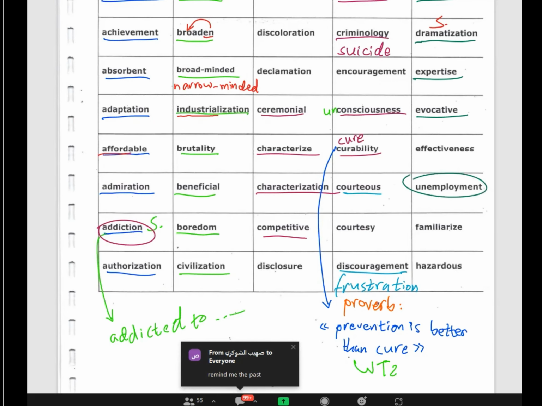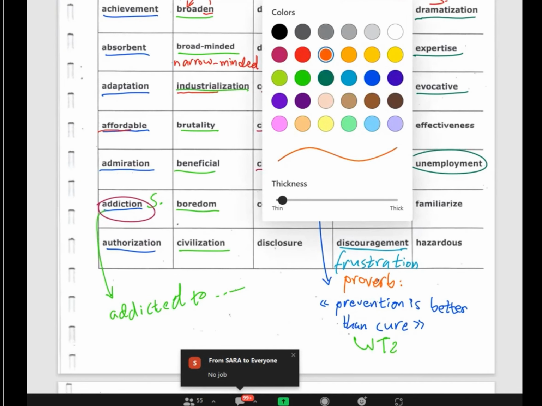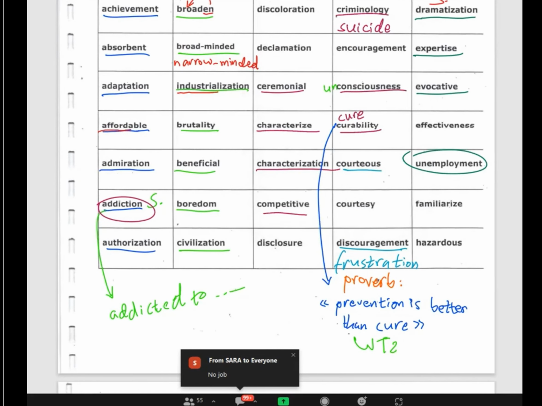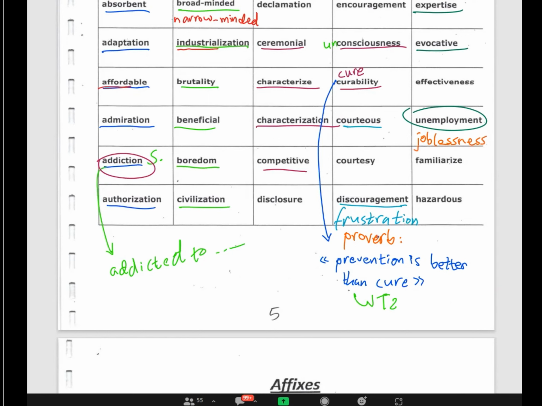Unemployment. The state of having no jobs. Another word is joblessness, from jobless. The person is jobless.